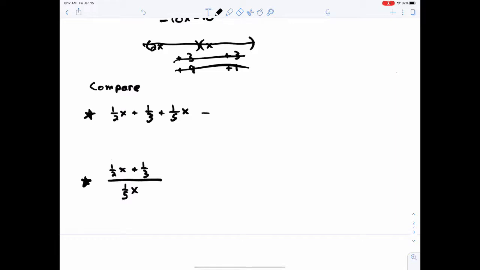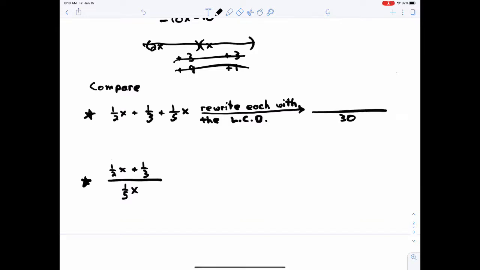What do we do? Well, what we did before is you rewrite each fraction with the common denominator. Now, how do you do that? What's the common denominator here? The common denominator is 30. Well, the first fraction, you don't multiply by 15. You multiply by 15 over 15.